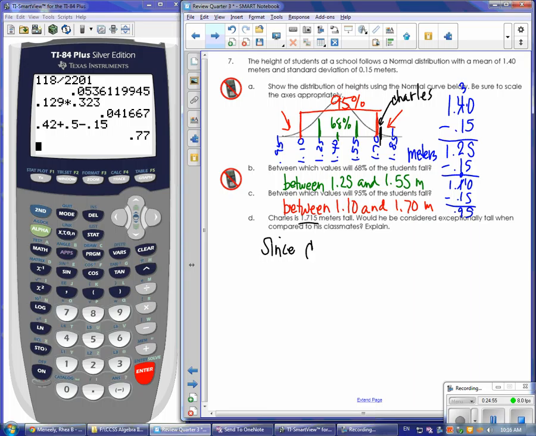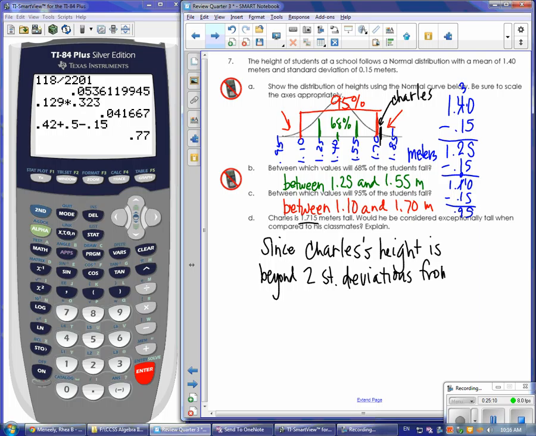So since Charles's height is beyond 2 standard deviations from the mean, his height occurs in less than 5% of the population.